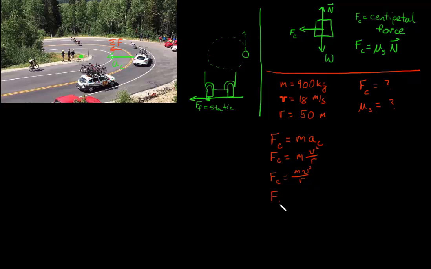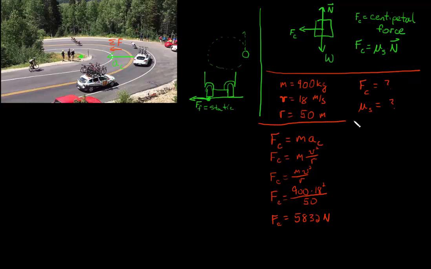Substituting, the centripetal force is the mass, 900, times the velocity, 18, squared, divided by the radius, which is 50. And when we do that calculation, we get 5832 newtons. So that's the entire centripetal force.